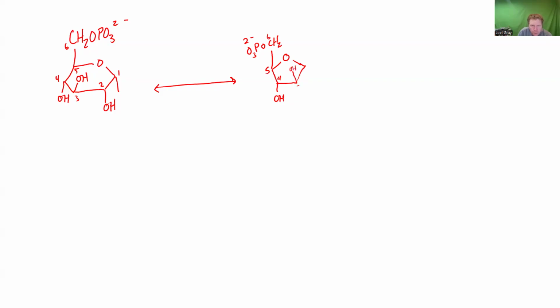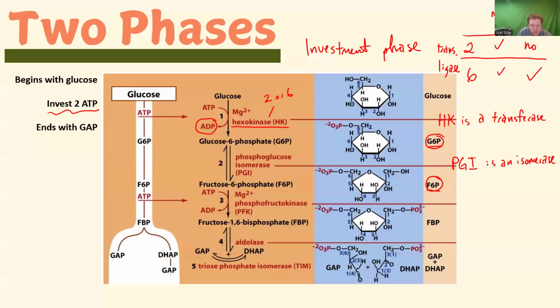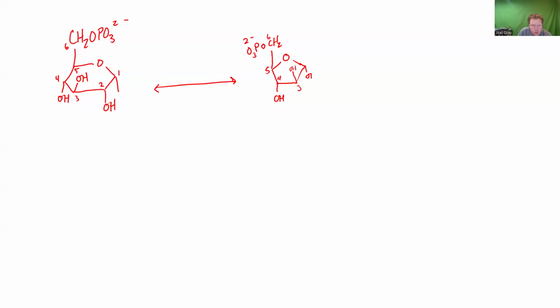OH, that's my carbon 3, OH, that's carbon number 2. And now this is carbon number 1, CH2OH. Okay. I'm going to erase my numbers 6, 5, 4, and 3. So this is just an isomerization.